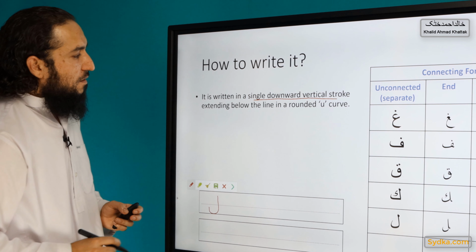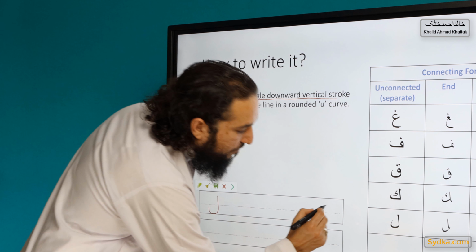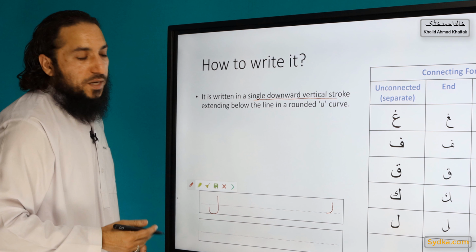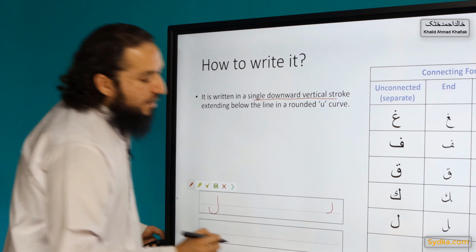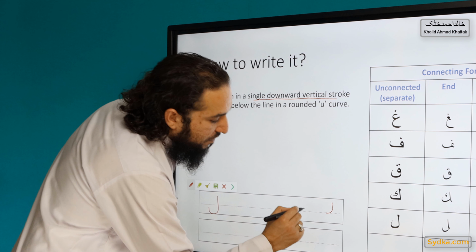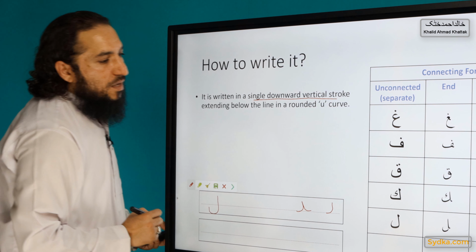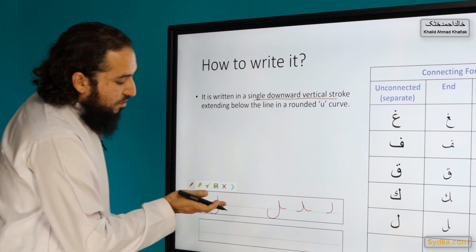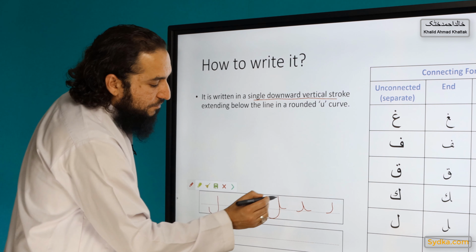And if you see the other forms, if it is at the beginning, the top part stays on the line. If it is in the middle, like this, and if it is at the end, the top part remains above the line and the bottom below the line.